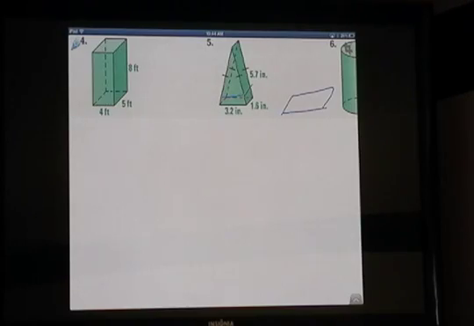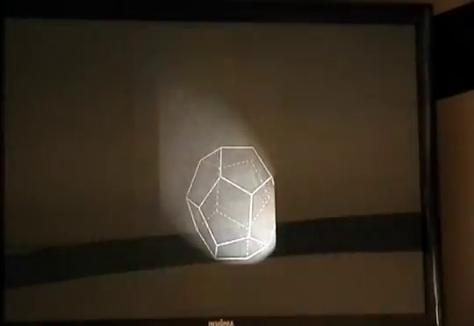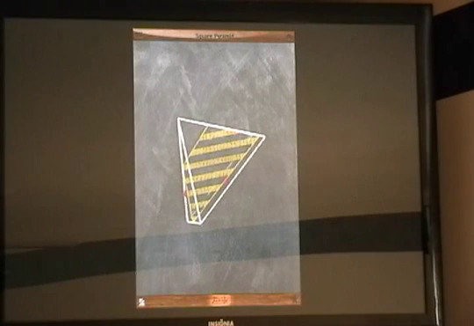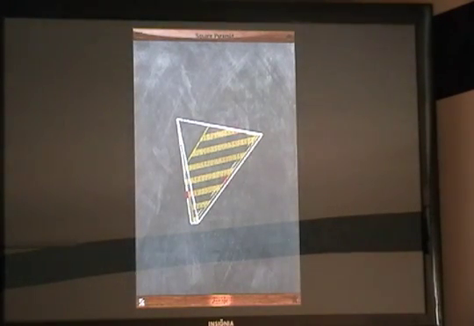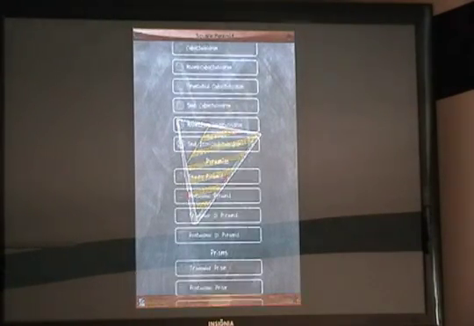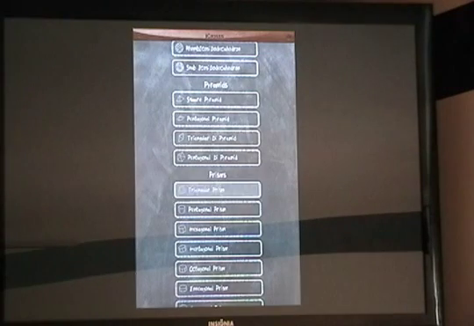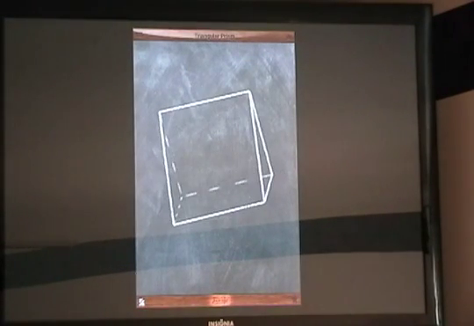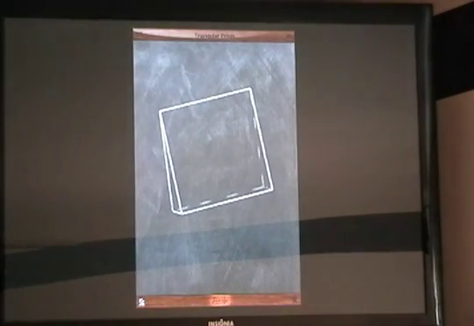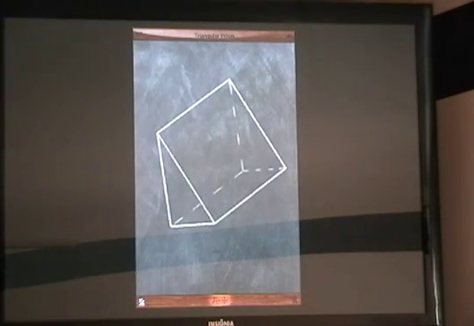Let me see if I can illustrate this using another program that I have. Let's see if we can find what we need here. Let's see, prisms. I have a triangular prism here. Okay.